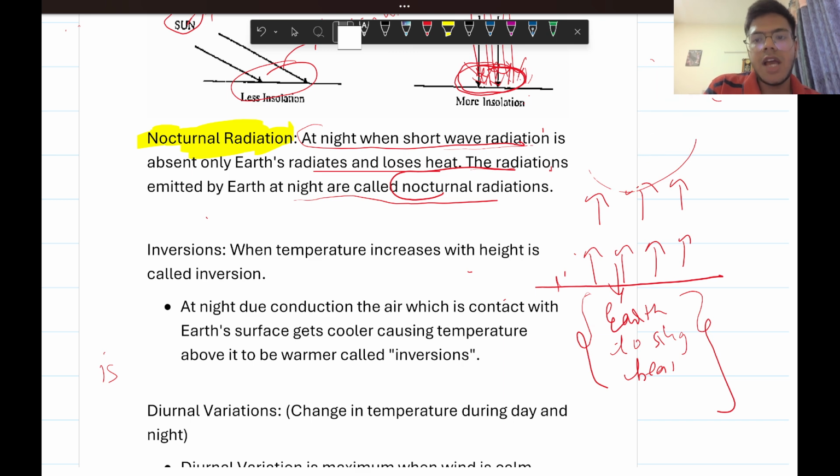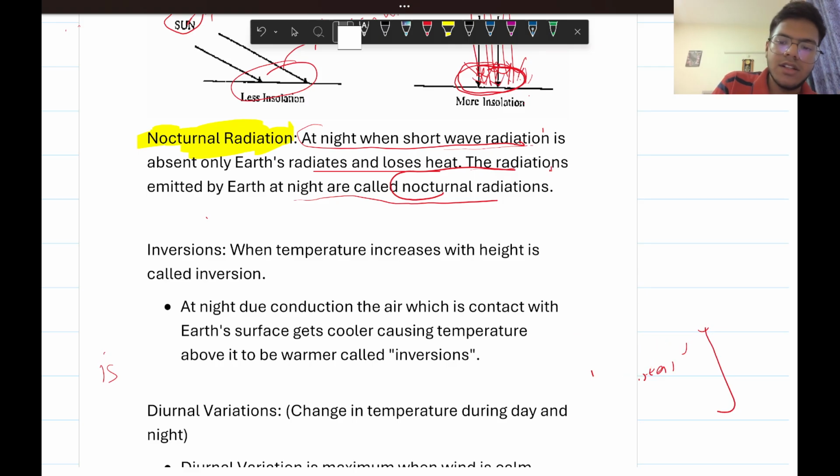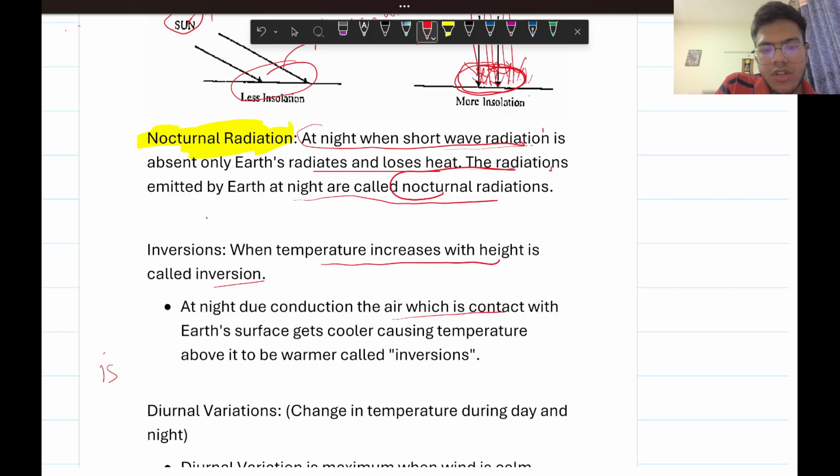I hope I am able to tell you what is inversion, what are nocturnal radiations. Guys, this is crazy important, okay. When temperature starts increasing with height, it is called inversion. At night, due to conduction, the air which is in contact with Earth's surface gets cooler, causing the temperature above it to be warmer, called inversion. This is the concept which I told you.